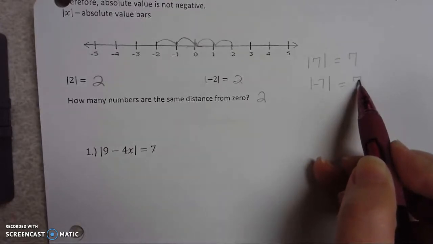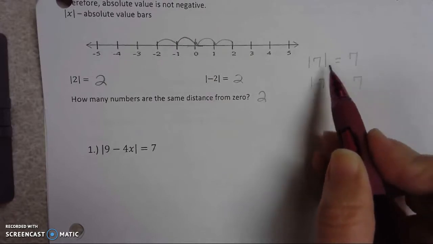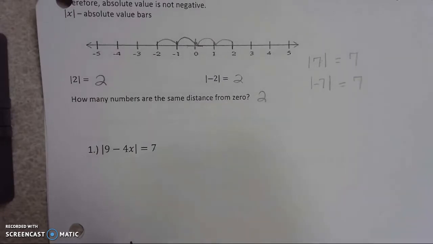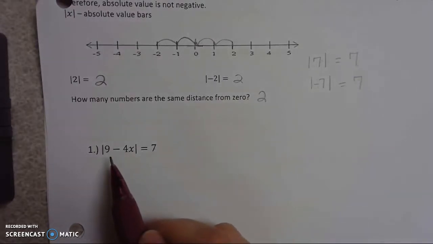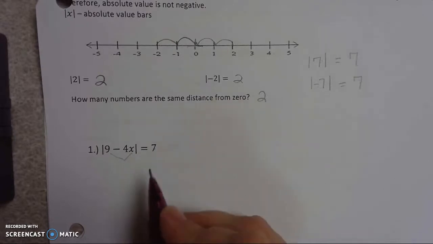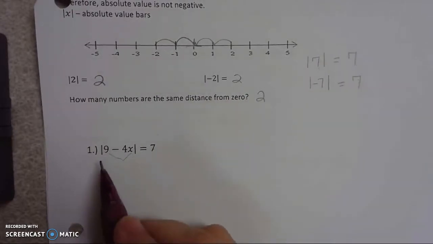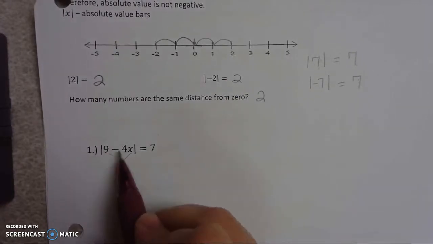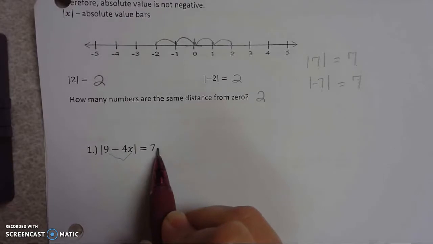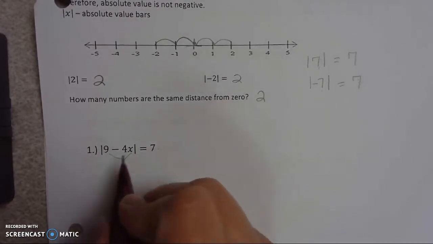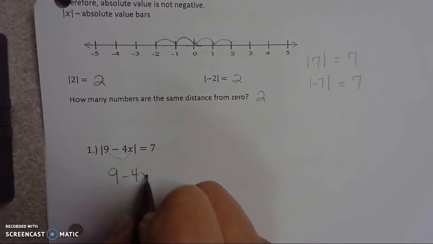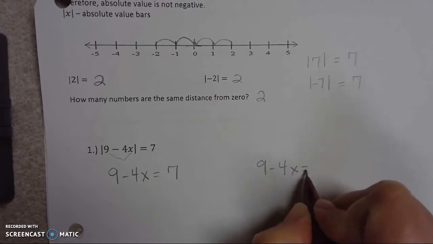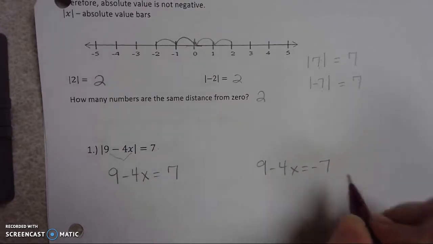Until I know more about what the problem is talking about, I need to find both of these because both of them lead me to the same distance. So what I'm going to find is what makes this be a 7 and what makes this be a negative 7, so that when I take the absolute value, I find a distance of 7. We're going to take what's inside and find what makes it 7, and find what makes this expression be a negative 7.